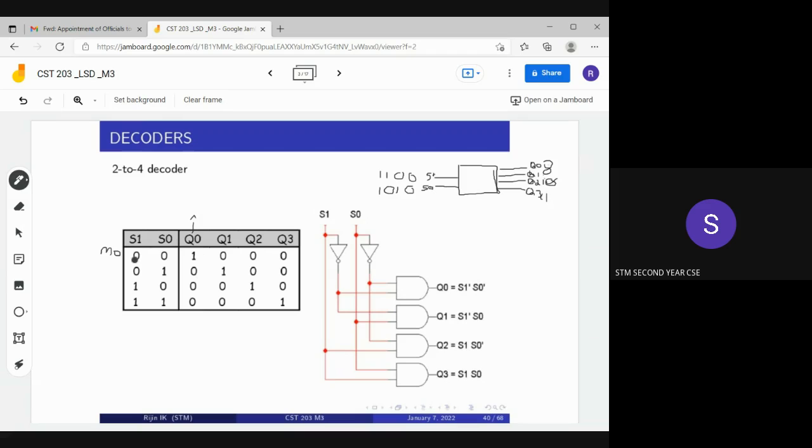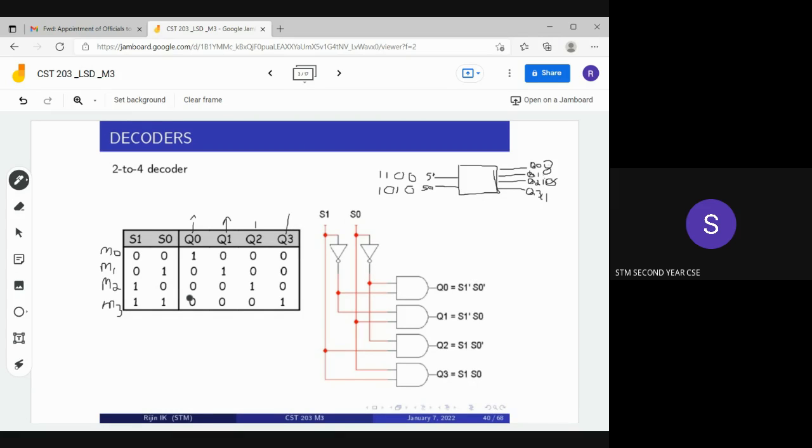Then if you provide the min term M1, that is 0 1, what will it activate? It will activate Q1. Then for min term M3, it will activate Q3. So this is the truth table.